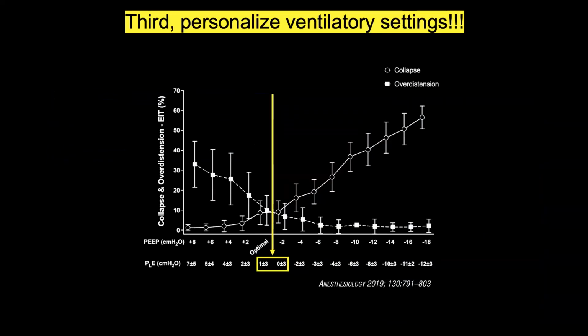In a recent paper published by Jacopo Fumagalli, we found that the crossing point of lung overdistension and lung collapse during a decremental PEEP trial matches with a slightly positive end expiratory transpulmonary pressure.